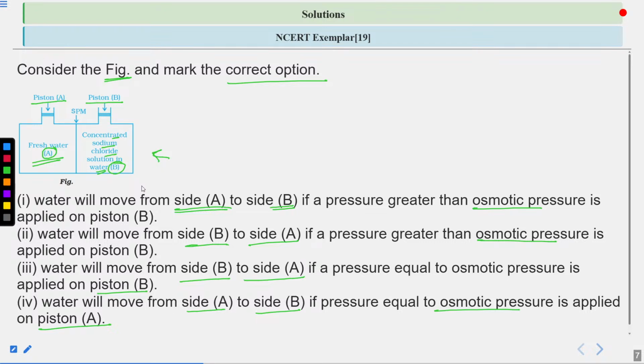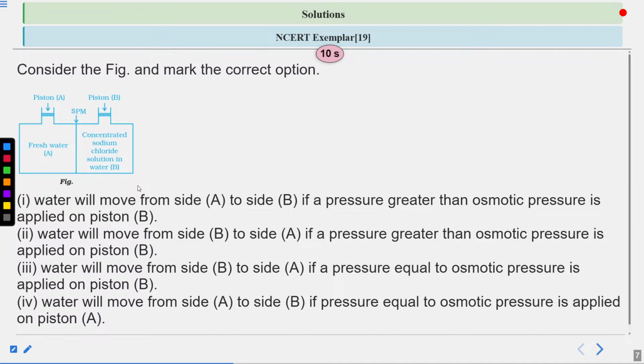You have to consider these options and then choose the correct statement. Okay, you have some time to go through this. After that, we will see the correct answer.